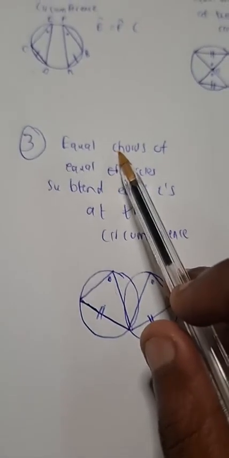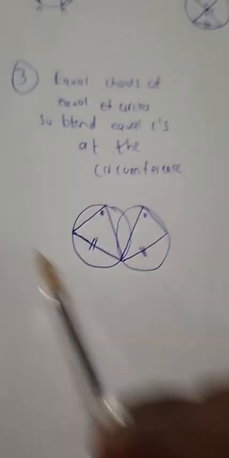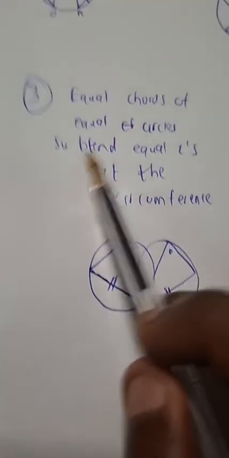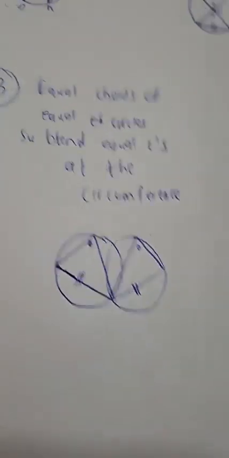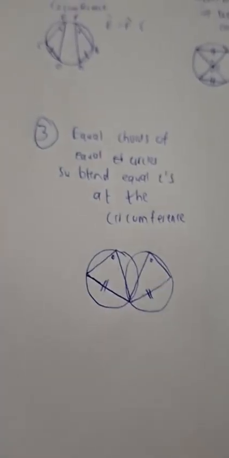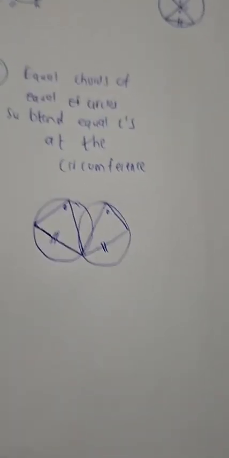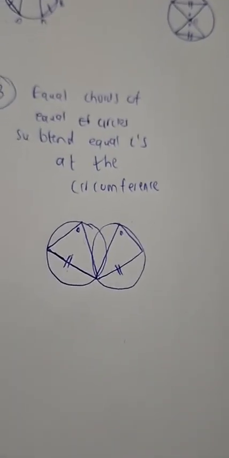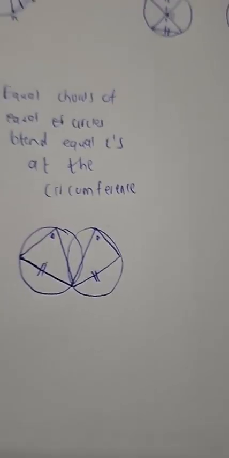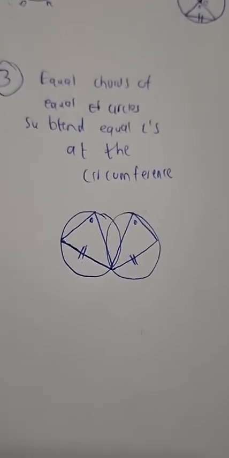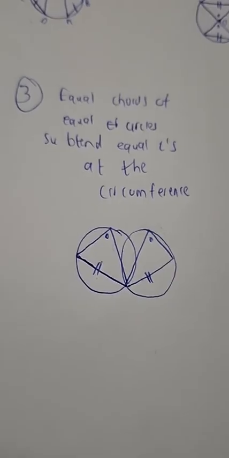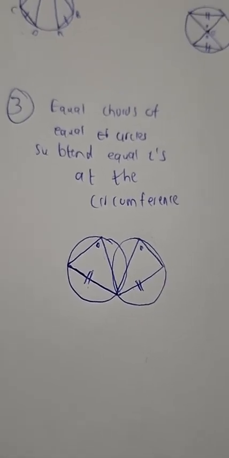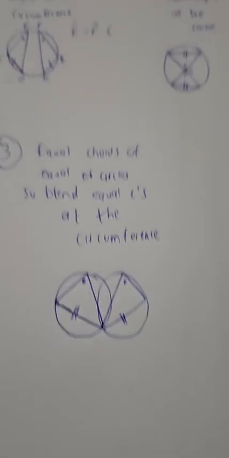So this one has to do with equal chords, equal circles, subtend equal angles at the circumference. These are three important corollaries that you and I need to know for the theorem angles in the same segment.